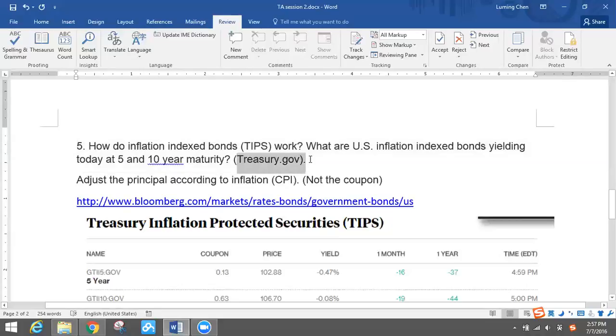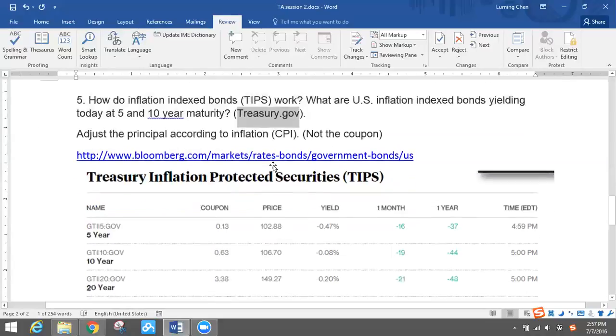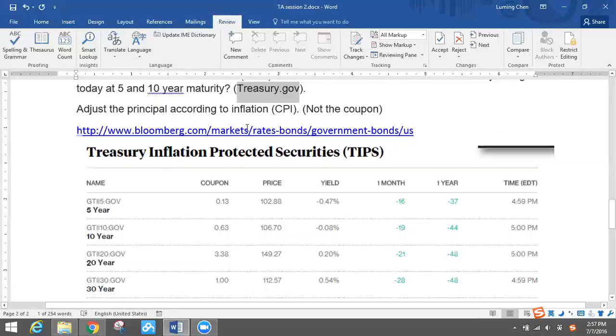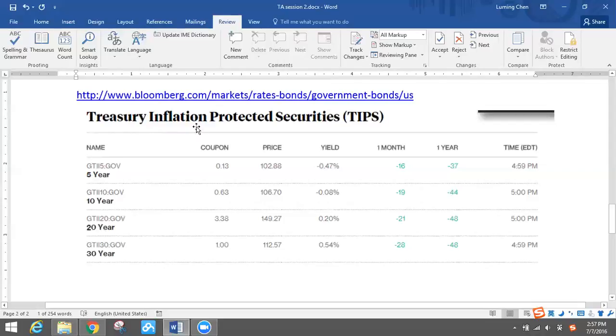I didn't find it on Treasury.gov, but I found it on Bloomberg, on the Bloomberg Market Watch on the bonds. So we can see from this picture that Treasury Inflation Protected Securities have 4 major maturities: 5-year, 10-year, 20-year, and 30-year. And they construct a yield curve based on the TIPS yield.